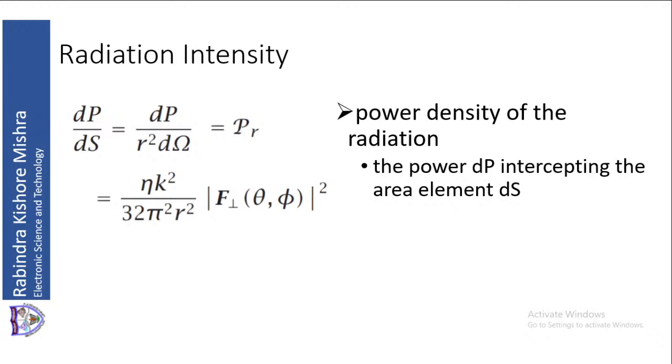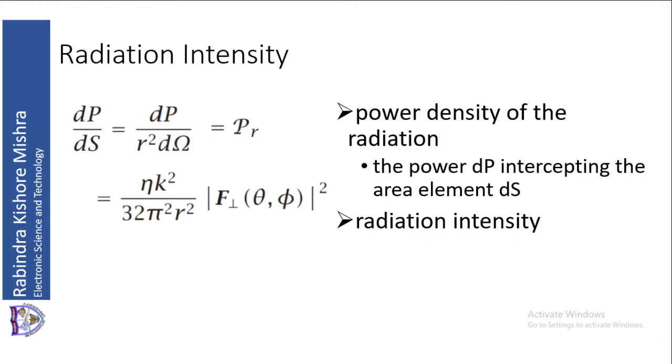Now if I compare this expression with dP by r square d omega, then r square on both the sides, right hand side and left hand side, will cancel out, leaving me dP by d omega. By definition, radiation intensity is dP by d omega.